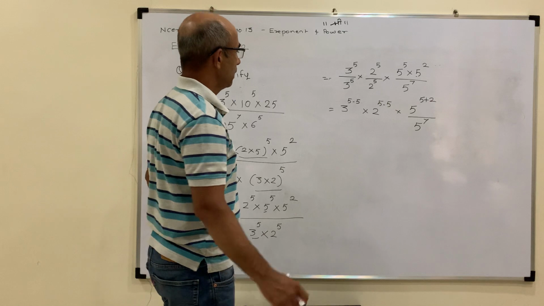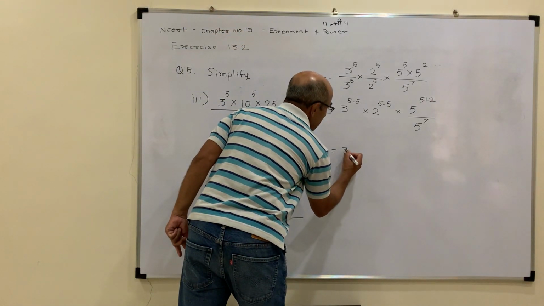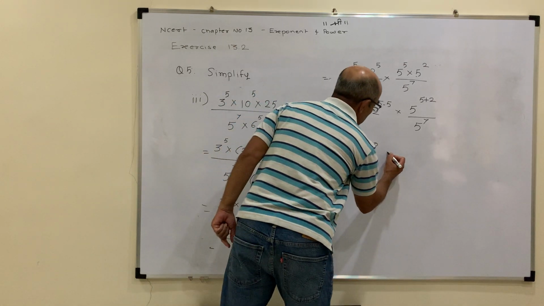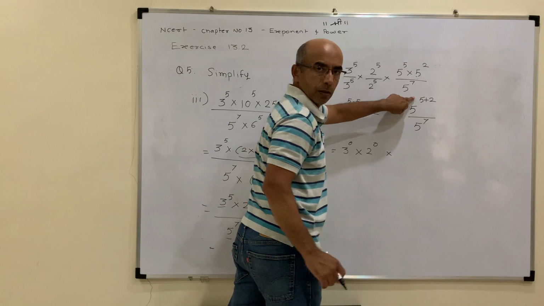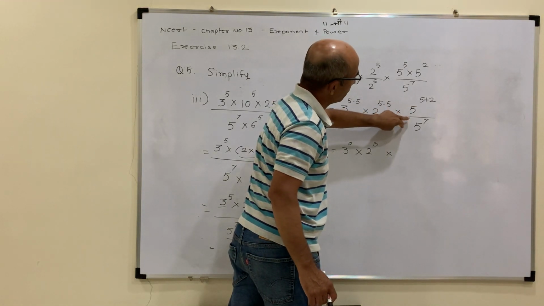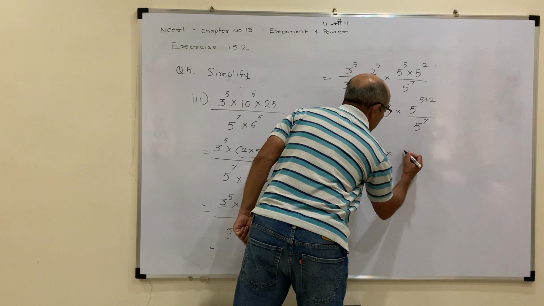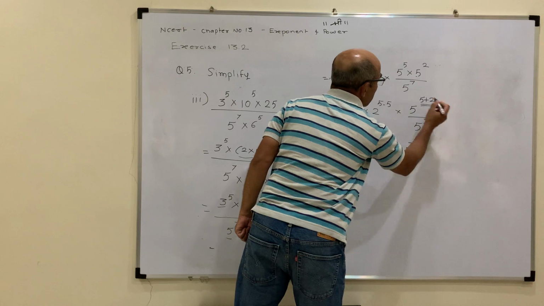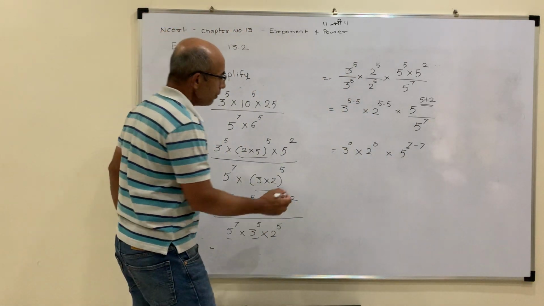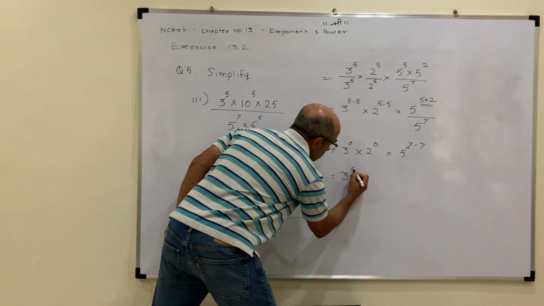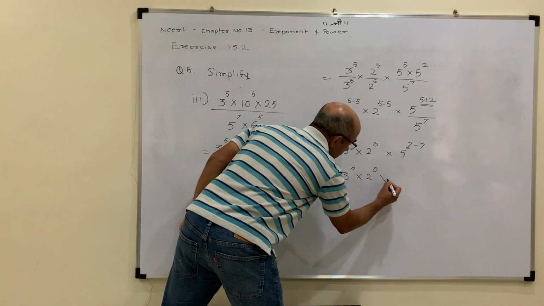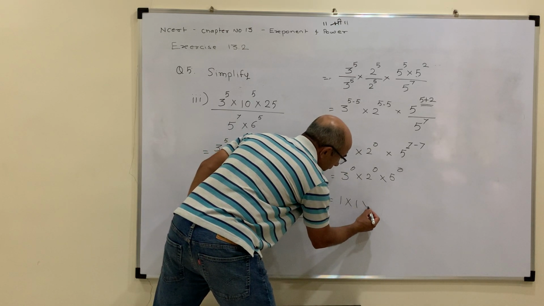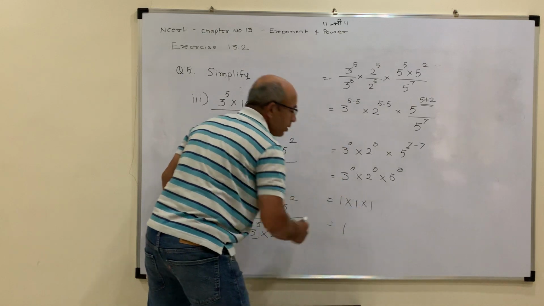Just go step by step. So here it comes out to be 3 raised to 0 into 2 raised to 0. Now here 5 raised to 7, and here the base is same. Operation is division. So 5 raised to 7 minus 7. This 7 came from this 5 plus 2. So now my next step is 3 raised to 0, 2 raised to 0, 5 raised to 0. So anything raised to 0 is 1. So the answer is 1.